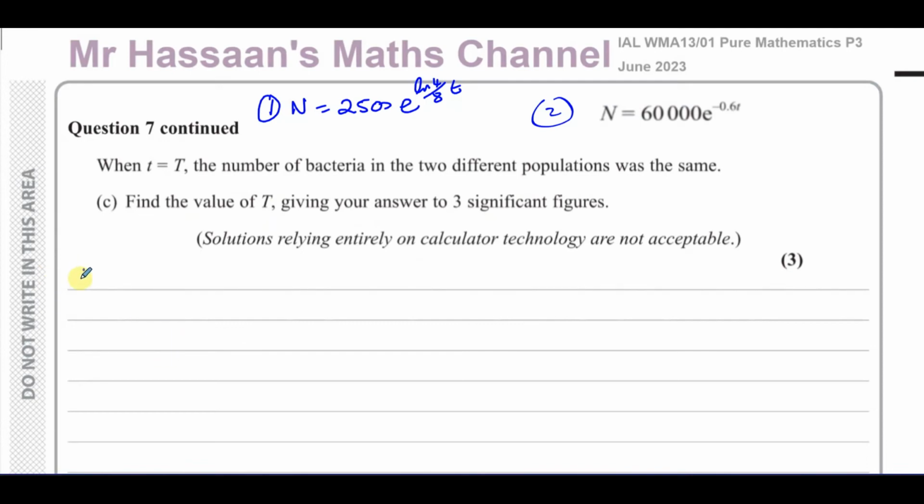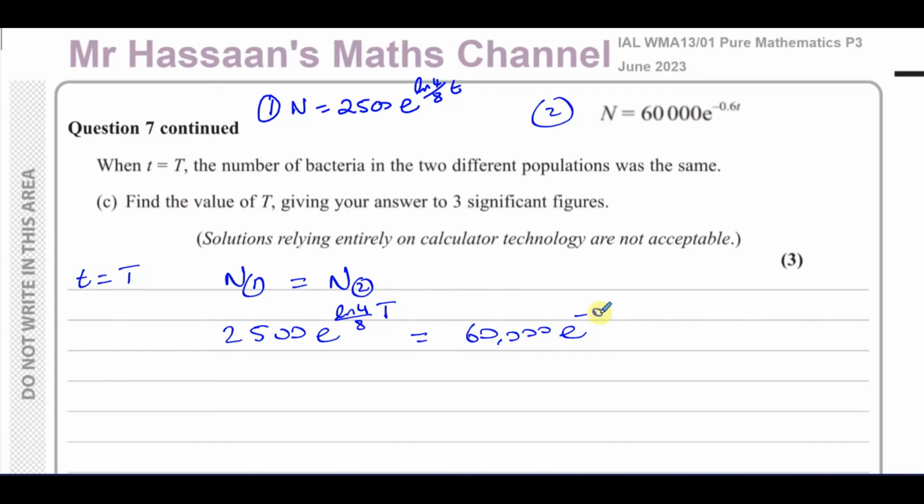So we know that when t is equal to T, the population of the first situation is the same as the second population. So we can say that 2,500 times e to the power of (ln 4 over 8) times T is equal to 60,000 times e to the power of negative 0.6T.